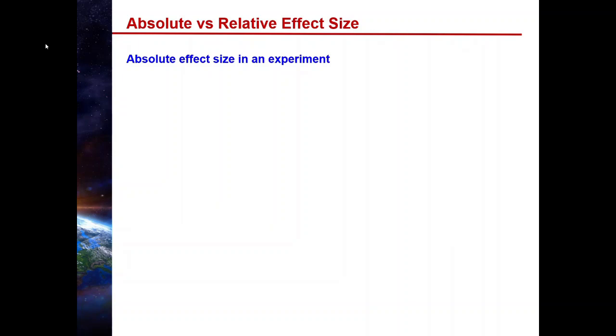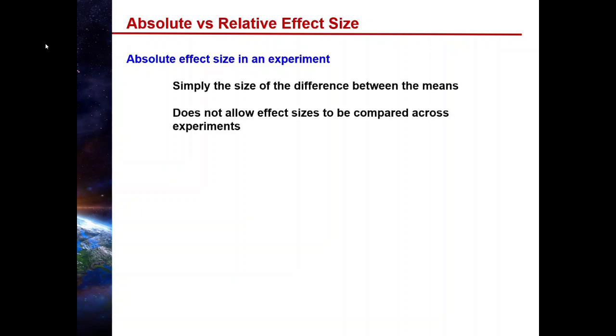So if we look at the absolute effect size in an experiment or a quasi-experiment, we're literally just looking at how different the means are from each other. All right. So whether you have 2 means, 3 means, 4 means, if those means are very different from each other, then we have a large effect size. On the other hand, if the means are very close to one another in value, then we would say that the effect size is very small.